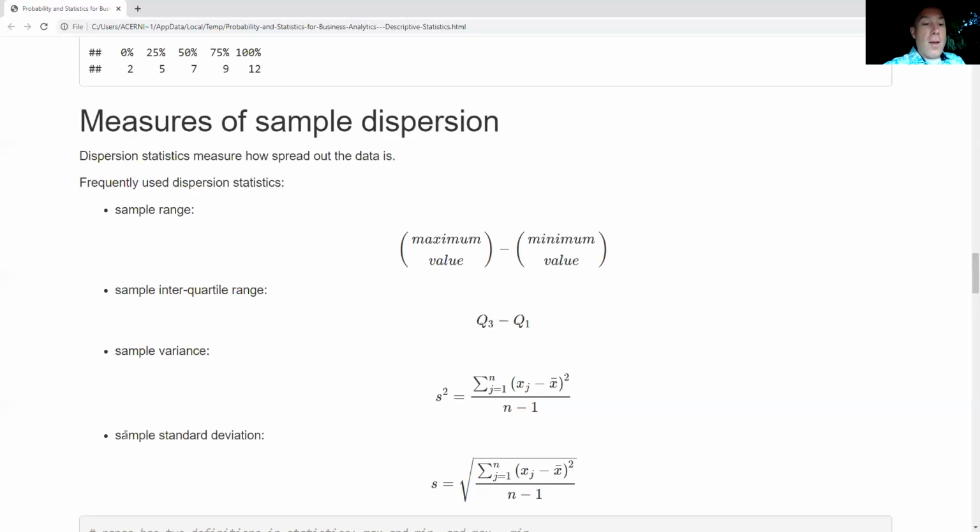Now, the next one we want to talk about is the sample standard deviation. All right, so if you look at the sample variance, you notice I have squaring, right? So that means my unit of measurement is squared as well. If I was measuring distance in feet, my sample variance unit of measurement would be feet squared.